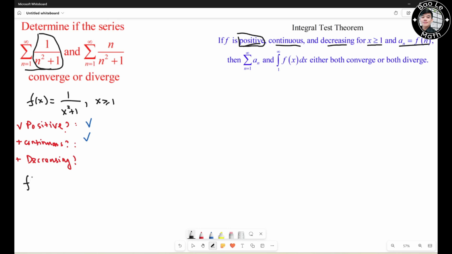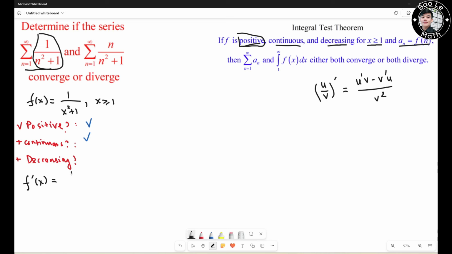So we have f prime of s equals. Now we have u over v, so the derivative is u prime times v minus v prime times u, over v squared.